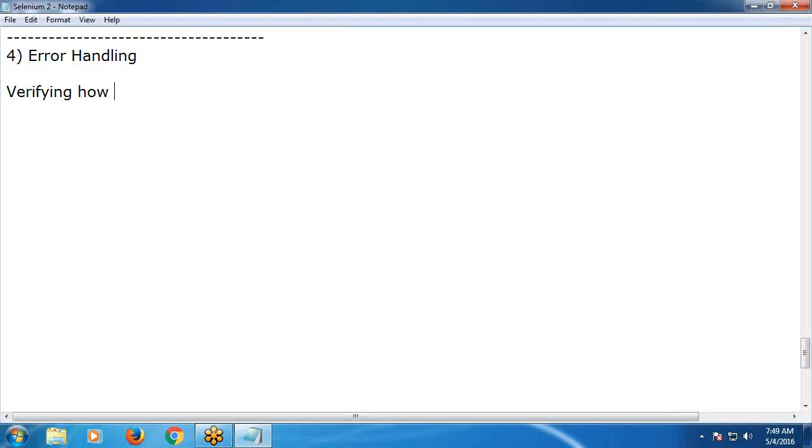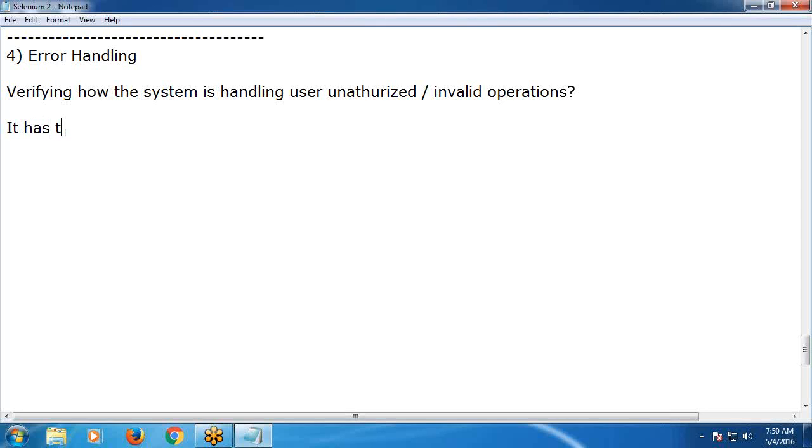Verifying how the system is handling user unauthorized or invalid operations.